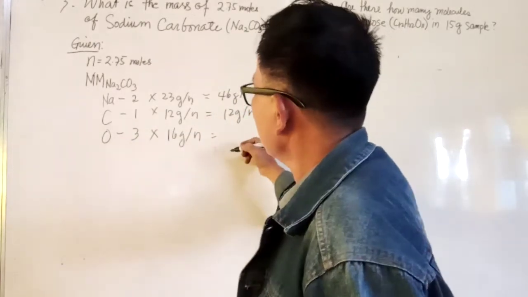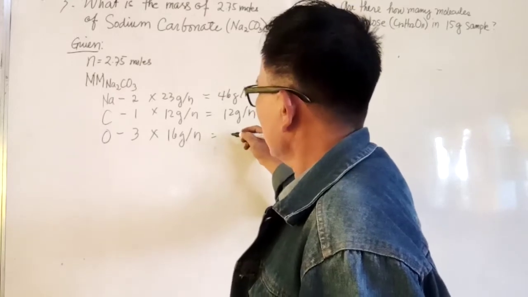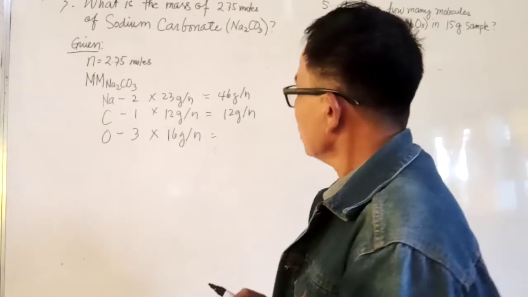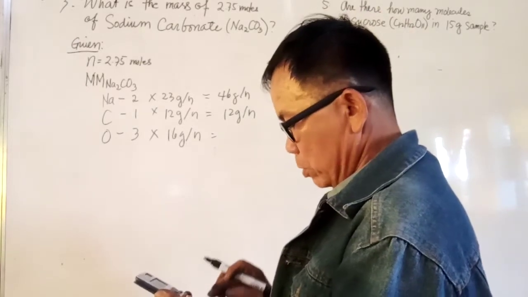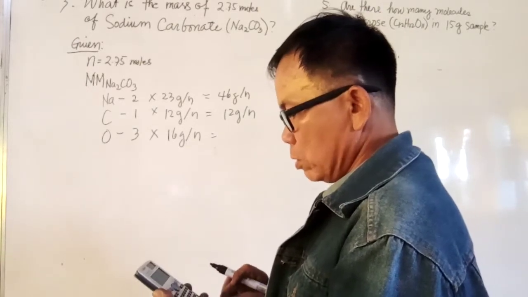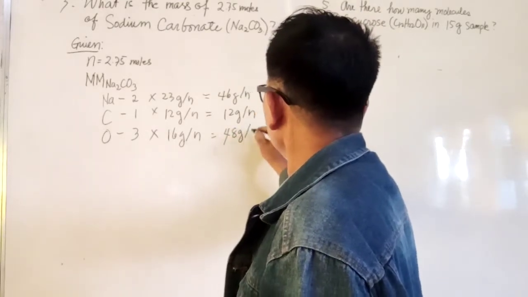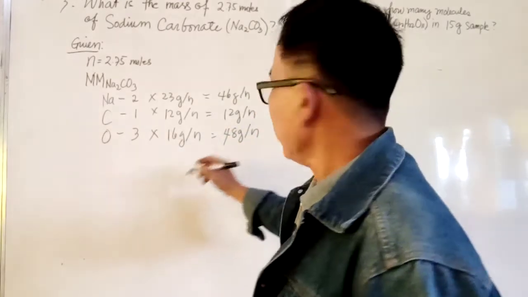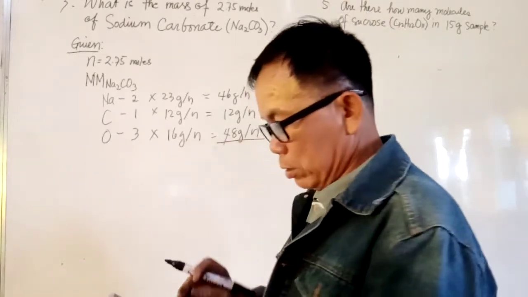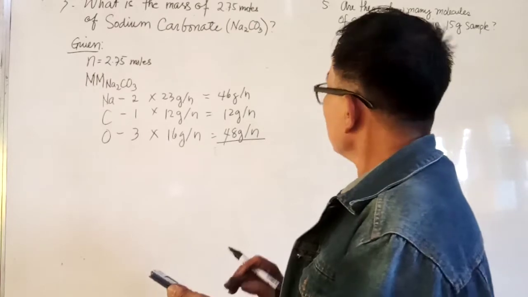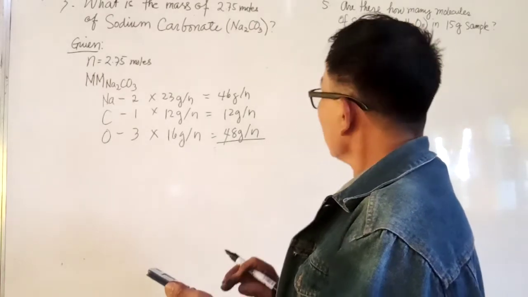And you have 48 grams per mole for oxygen. Then let's add: 46, 12, and 48.